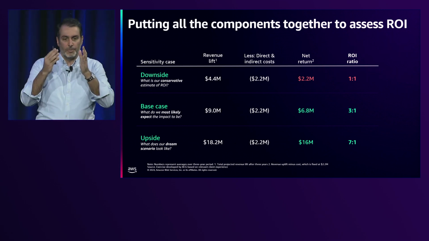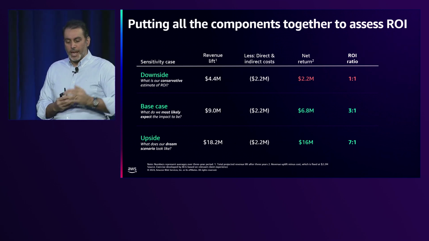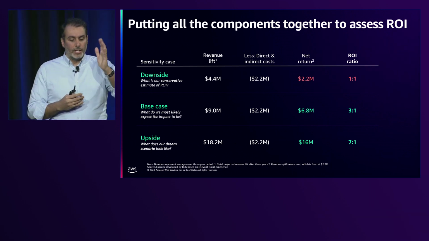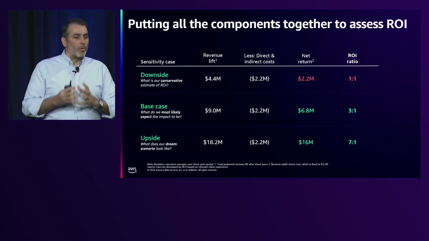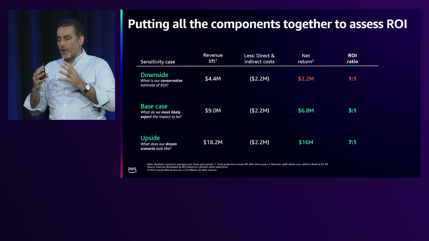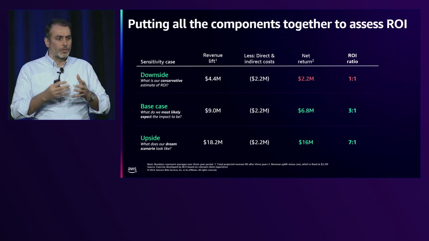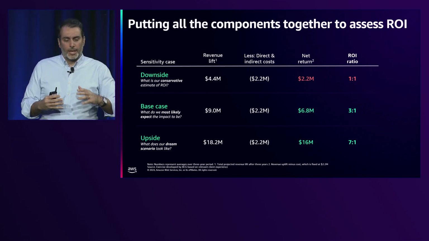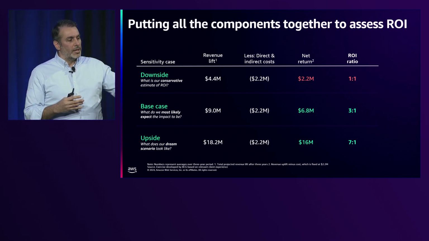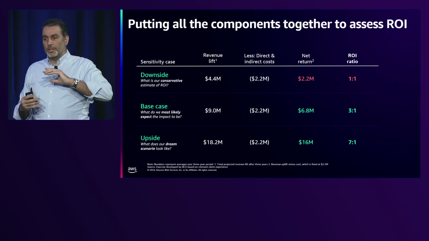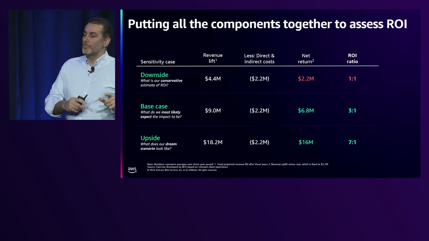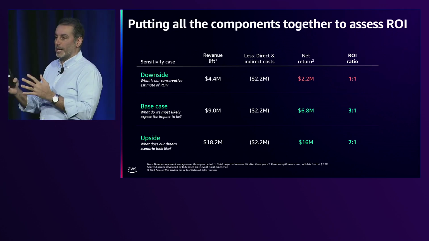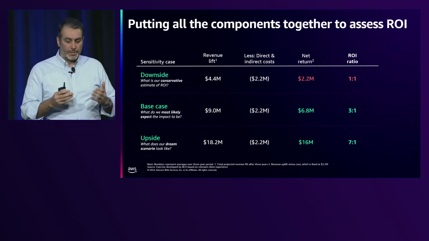So you make the choices, do the estimation, and based on that, you're going to realize different net returns and different ROIs. These are the ROIs that business leaders look at. It's not uncommon for them to look at the most conservative estimate in order to make an investment decision, but actually plan for the most likely scenario, which is the base case, right? And that makes sense.